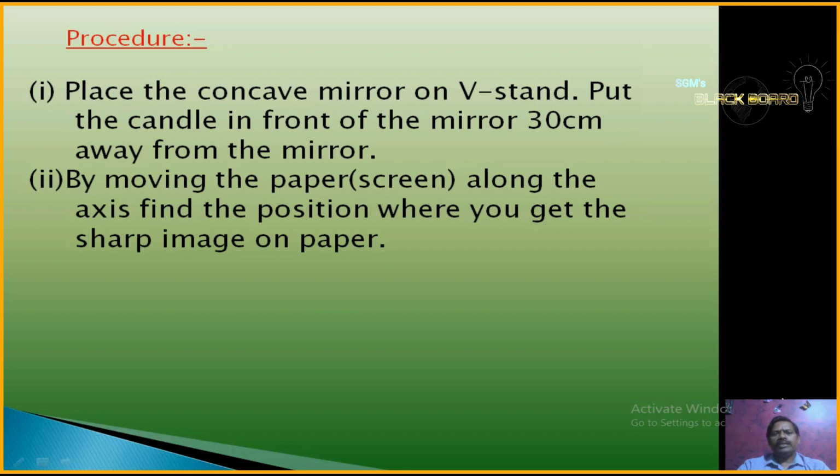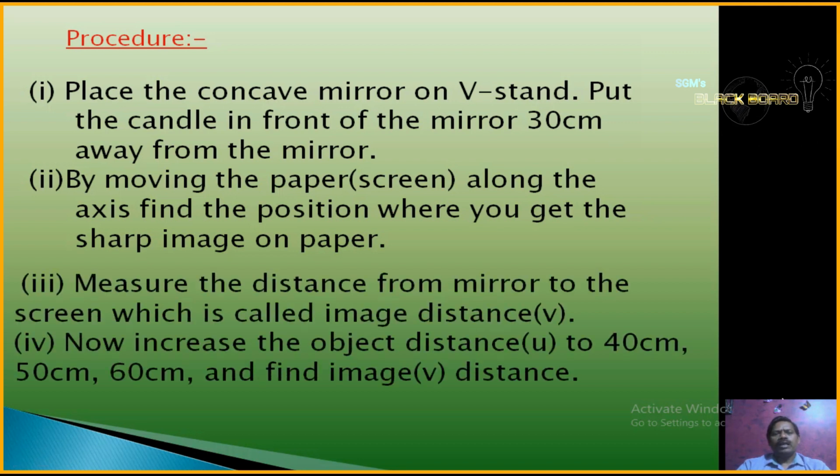That paper here acts as a screen to catch the image. Measure the distance from the mirror to the screen, which is called image distance, v. Now increase the object distance to 40 cm, 50 cm, 60 cm, etc. and find the image distances in all the cases.